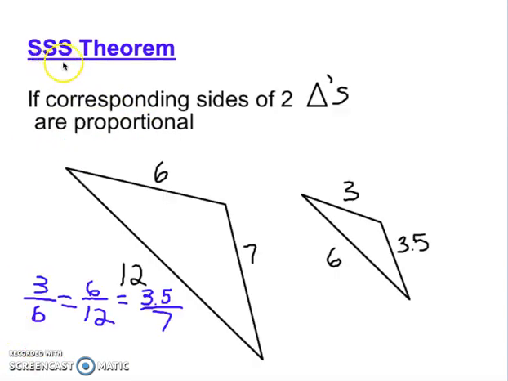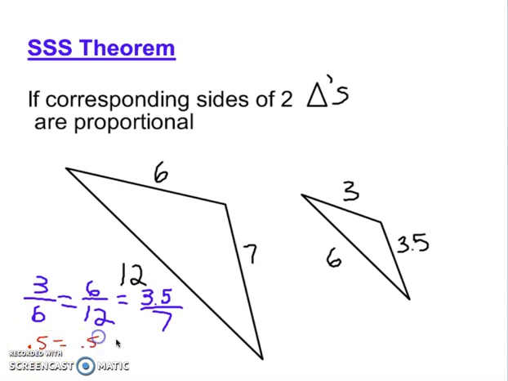Our next theorem is the side-side-side theorem, which states that if corresponding sides of two triangles are proportional, then those triangles are considered similar. So when we look at this one, we can see down here, it's already set up for us, 3/6 would be equal to 6/12, would be equal to 3.5/7, and we know that each of those would reduce down to 1/2 or 0.5.